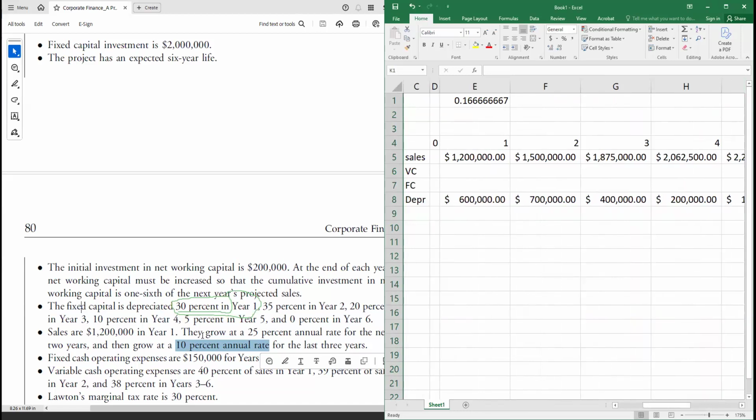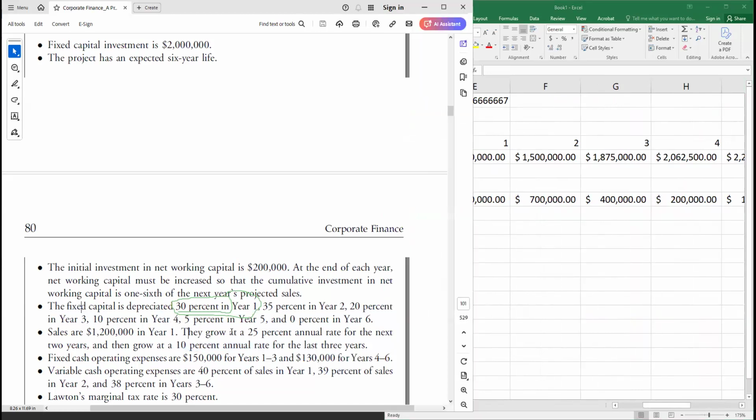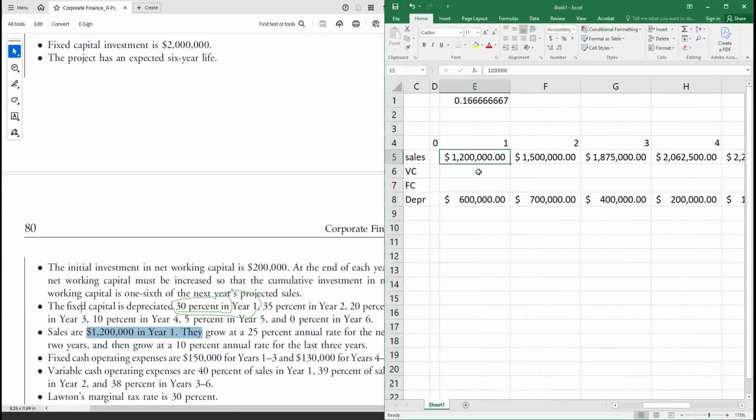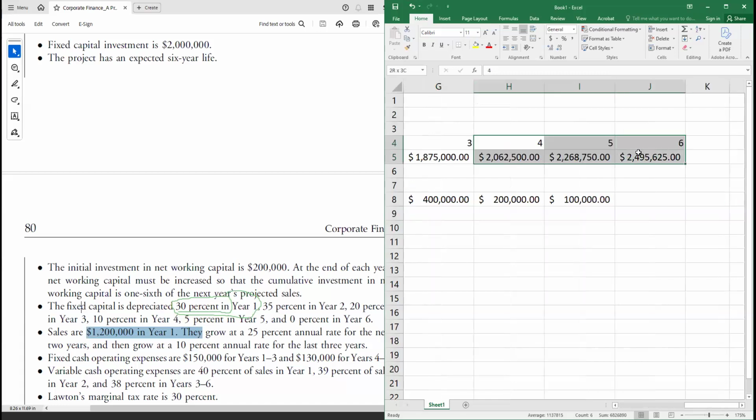Because it says here, look, 25% it grows annual rate for the next 2 years after the sale 1. Once we put the year 1, 1,200,000, these 2 years, it will grow by 25% each year annually. And then last 3 years, it will grow by 10% annually.